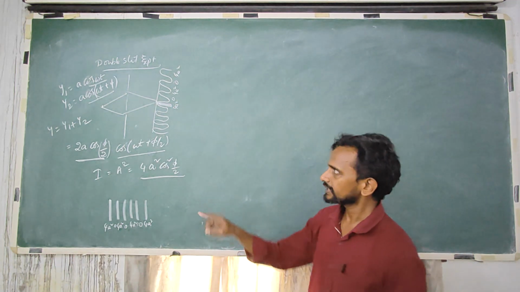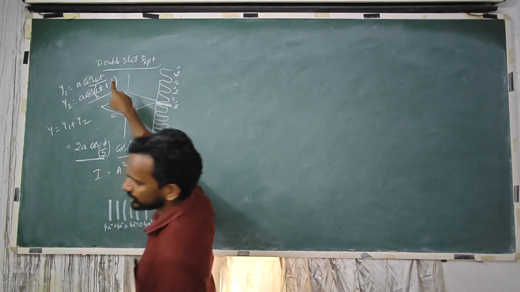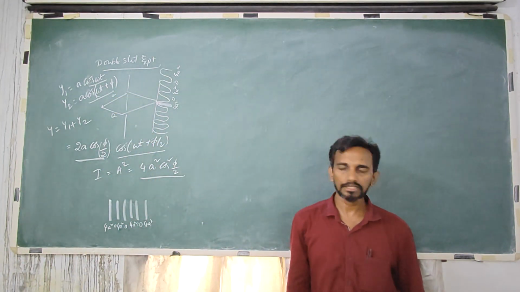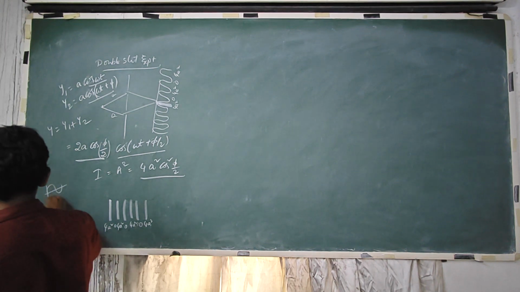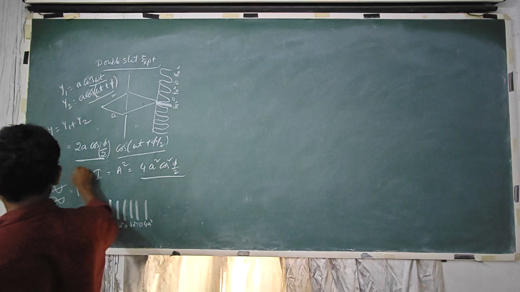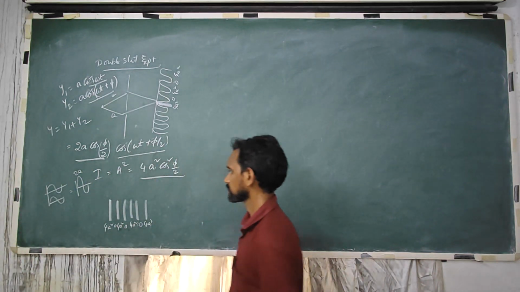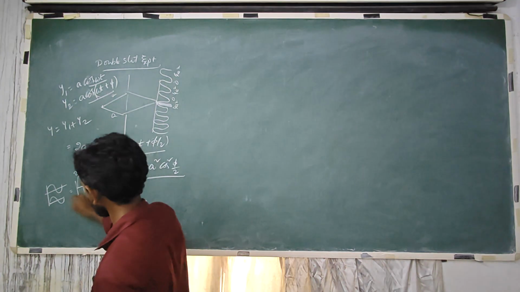Actually, what was the original condition? You are taking two waves with amplitude A, and if you just add them, the resultant amplitude for constructive interference is 2A, and the intensity is 4A square.